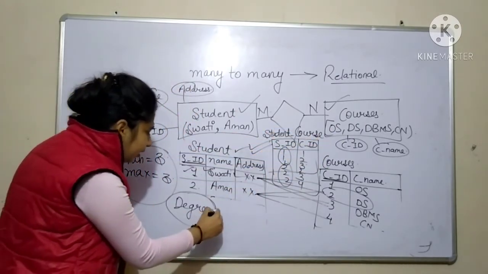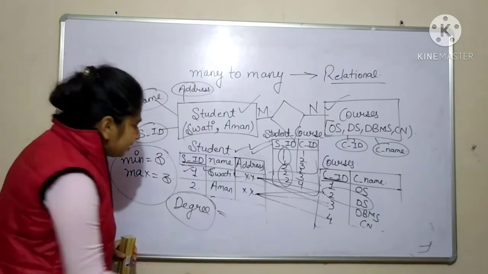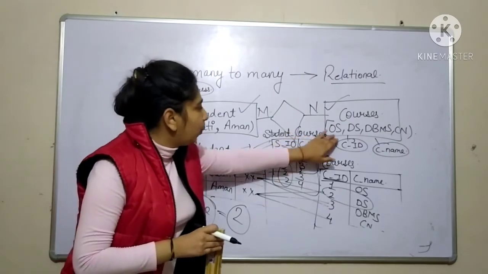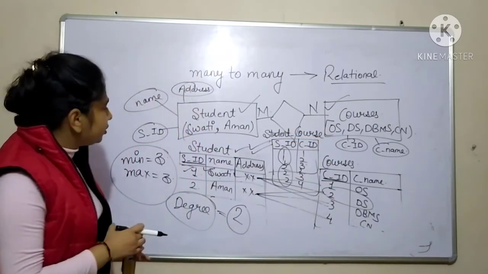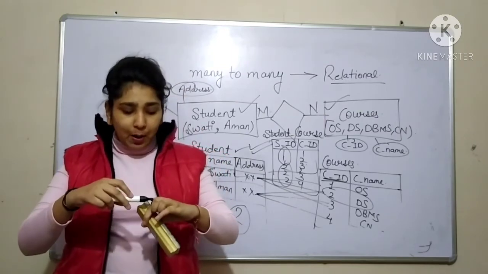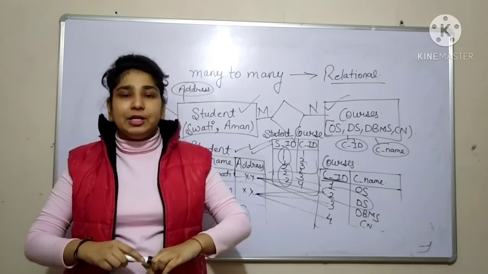So what is the degree of the relationship in this case? Degree is 2 because two entities are involved in the relationship. Okay. So I hope that you are clear with many-to-many relationship.